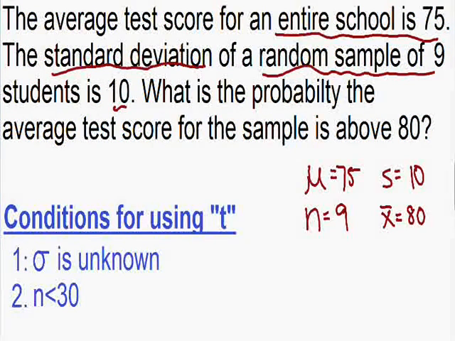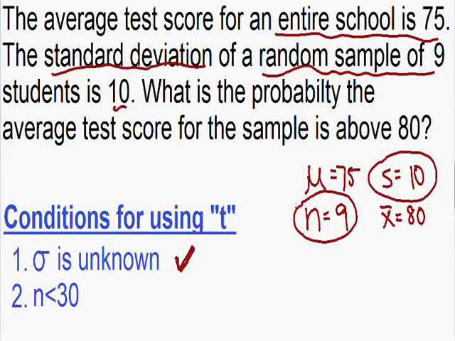So let's see if both our conditions for using t have been met. Our condition number 1 is, is our population standard deviation unknown? Yes, we don't know what it is. We were given the sample standard deviation, but we were not given the population standard deviation. So our first condition was met. Let's see if our second condition has been met. Is our sample size less than 30? Our sample size is 9, so 9 is definitely less than 30. So our condition number 2 has also been met.